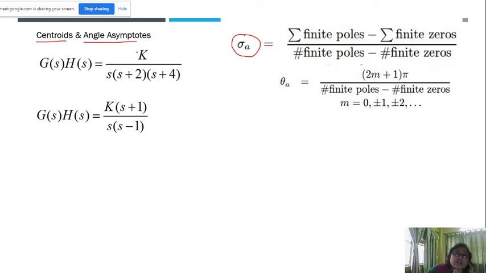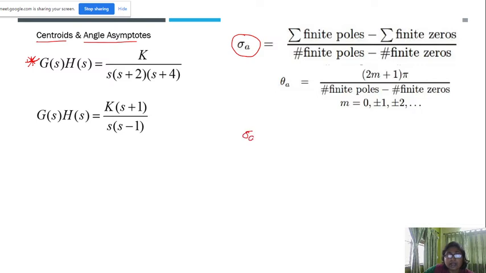Okay, so what will be the centroid for this? What is the applicability of centroid, I will tell you afterwards, but you just remember or understand how to calculate the centroid if a transfer function is given. So for this, how to calculate the centroid?